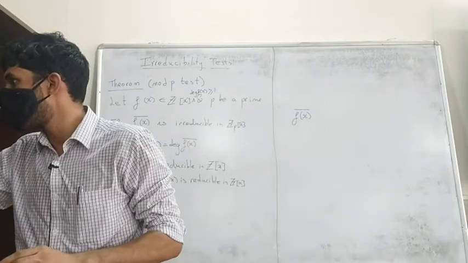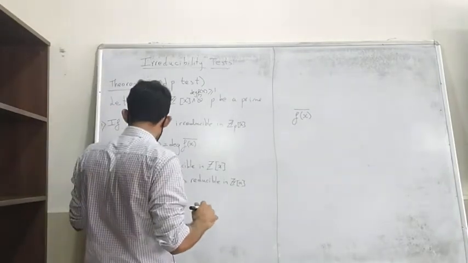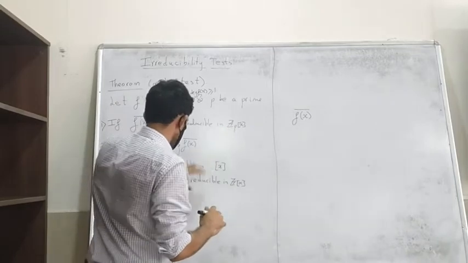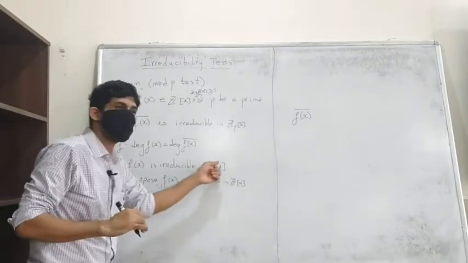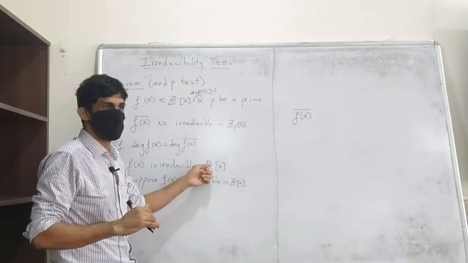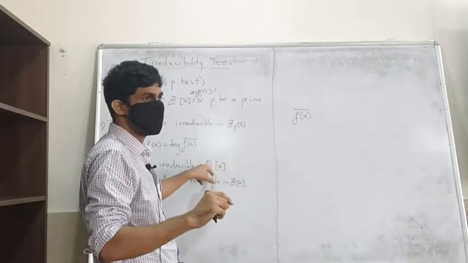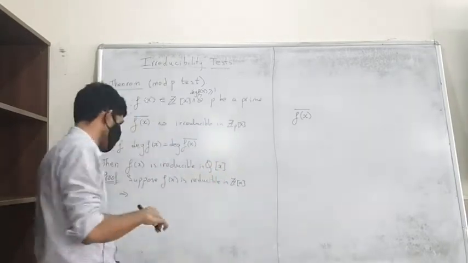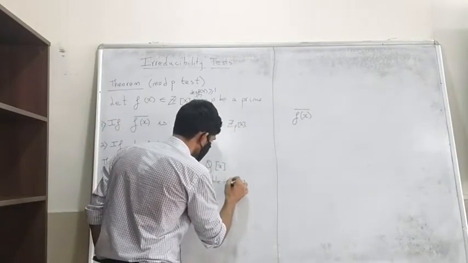I'm sorry, this is not Q, this is in Q. You have to be a little careful, because it could have a content greater than 1, then you're in trouble. So suppose this is reducible in Q[x], then what happens?